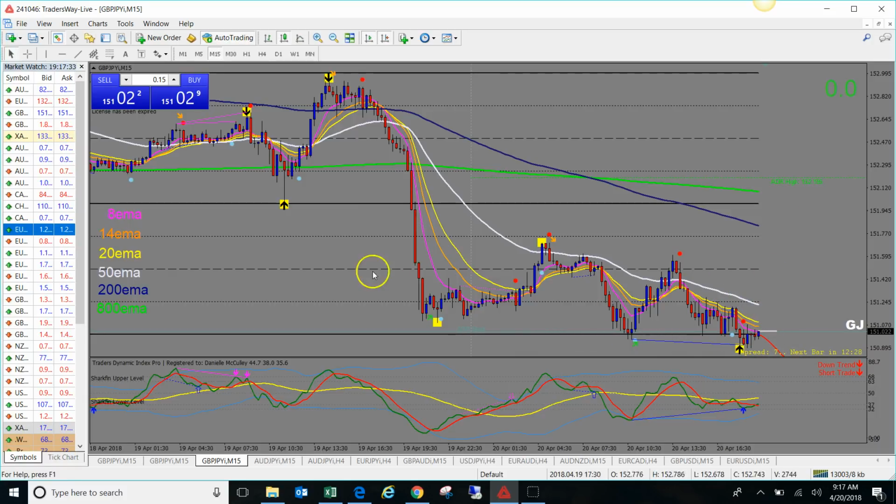But again, this is not a good example because the MAs are so close, but it looks like GJ is trying to push up. So that's one way that I use the 8 and the 20. If it crosses the 8 and closes above, then continues and closes above this 20, that lets me know that it possibly can continue pushing up.